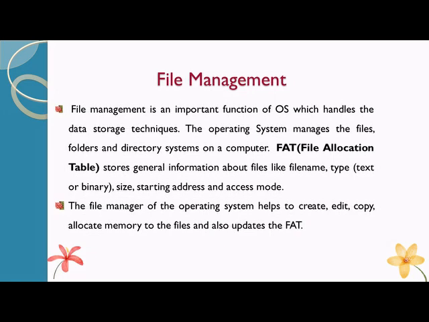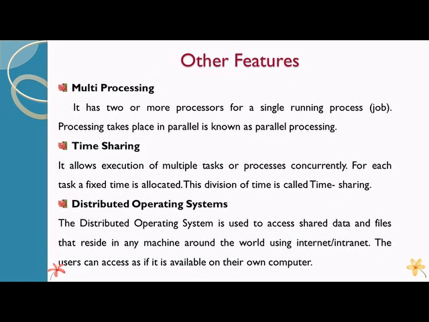They are the next generation file system NTFS and ext2 in the Linux operating system. Other features of an operating system are multiprocessing, in which we have more than one processor for processing a single job. Processing takes place in parallel, known as parallel processing.